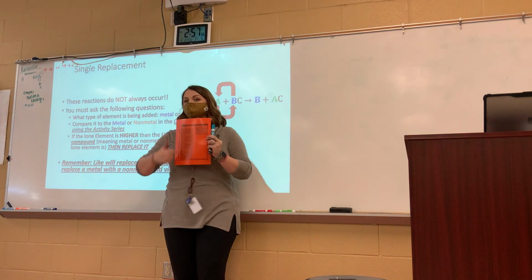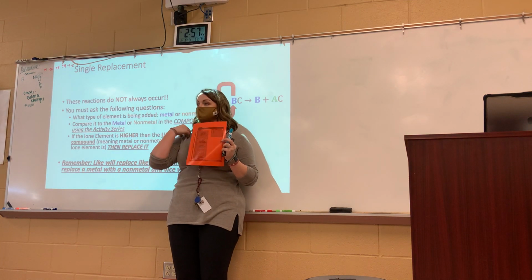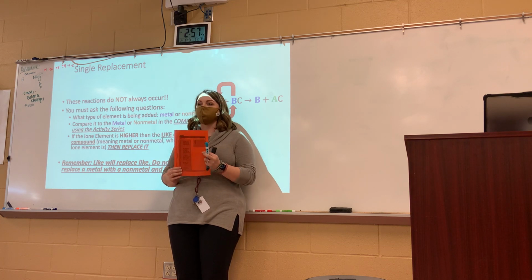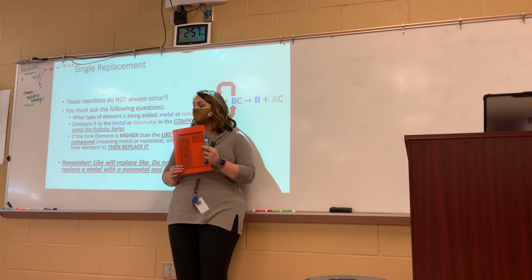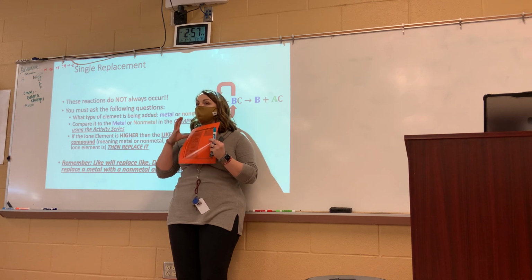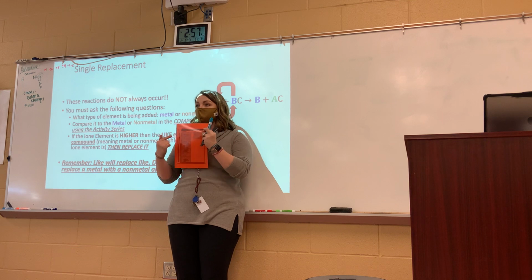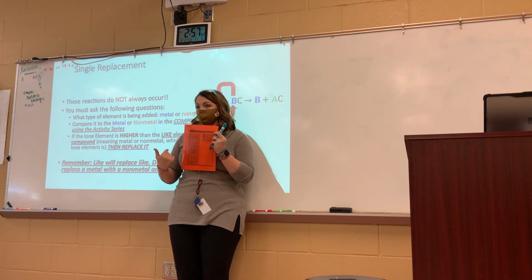Do you see how there's 2 columns? One column is for metals, one column is for non-metals. Metals compete with metals. Non-metals compete with non-metals. They do not compete with each other.